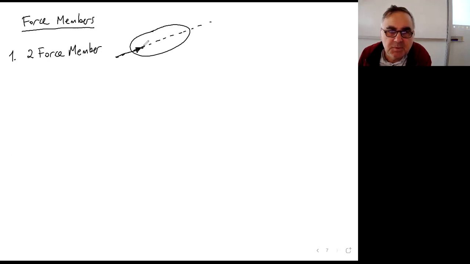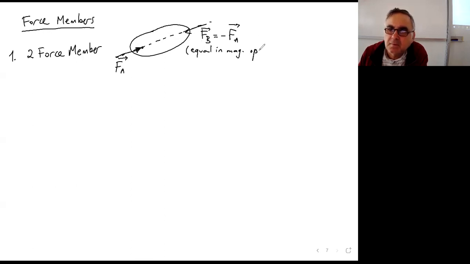If this is point A, this is FA, let's say, then the other force, FB, has to be minus FA. That is, equal in magnitude, opposite in direction. There is no other possible way.